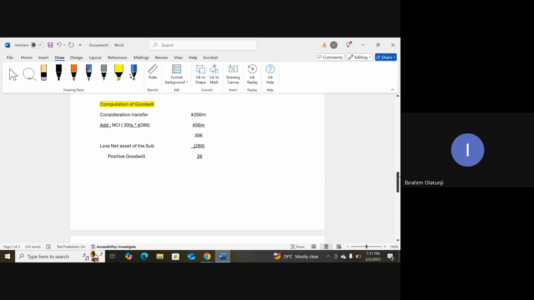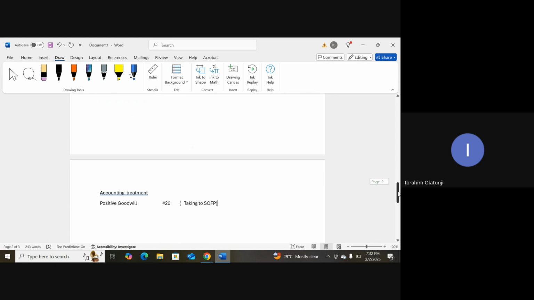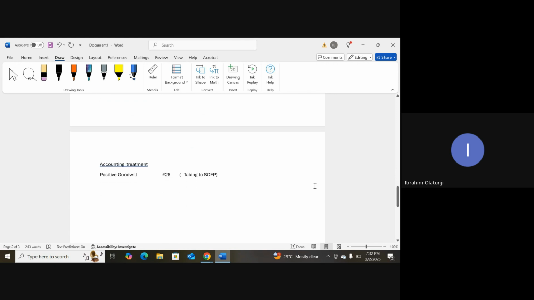You will take it to consolidated retained earnings, called gain on bargain purchase. You just go and add it to your consolidated retained earnings if it is a negative goodwill. But since it's a positive goodwill, we will take it to the statement of financial position under our non-current assets. Is it clear?